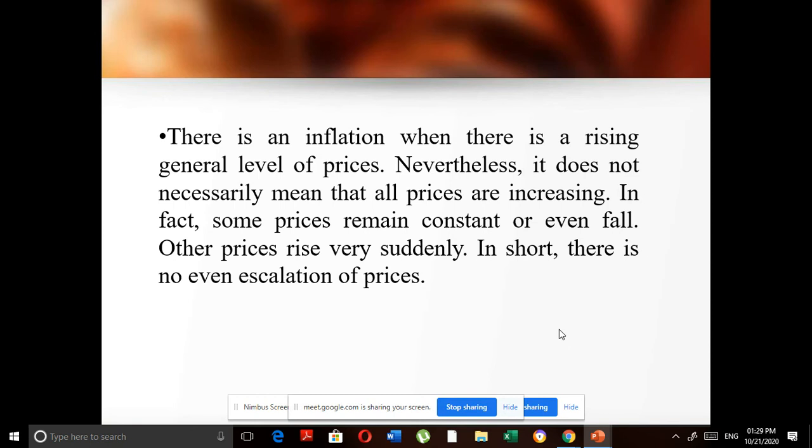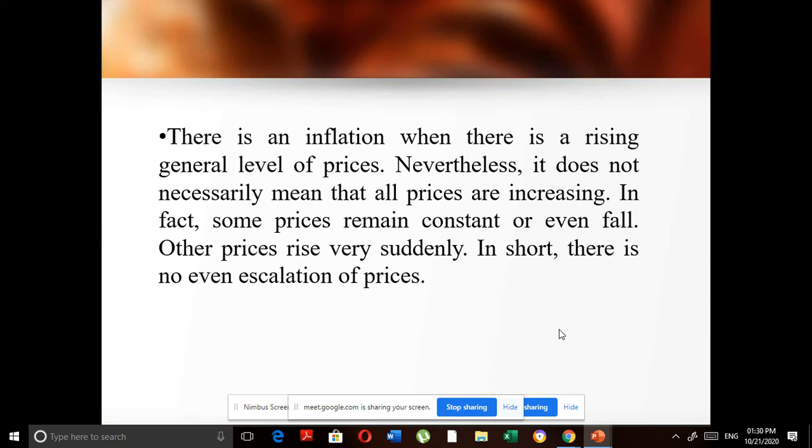Okay, so inflation, it is rising in general level of prices, but it doesn't mean that all prices on all goods are increasing. Some prices stay constant and sometimes even decrease, but some prices sharply increase.